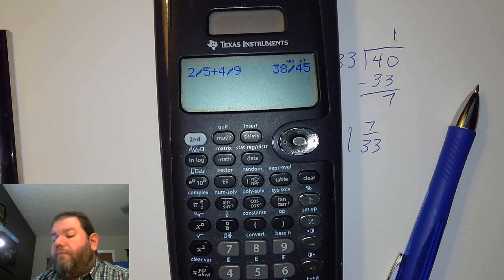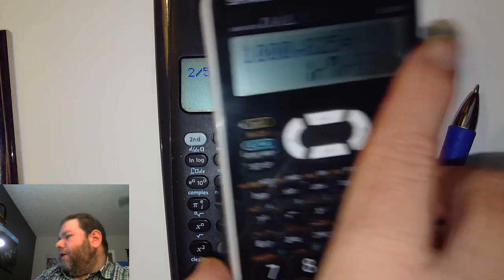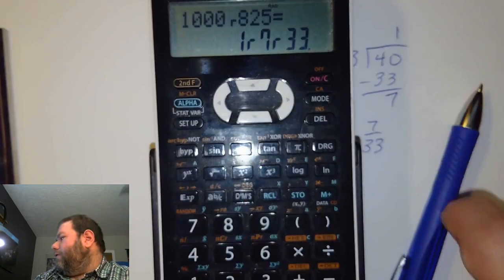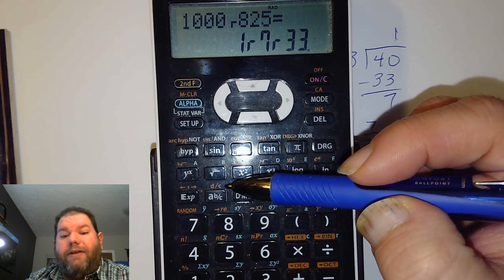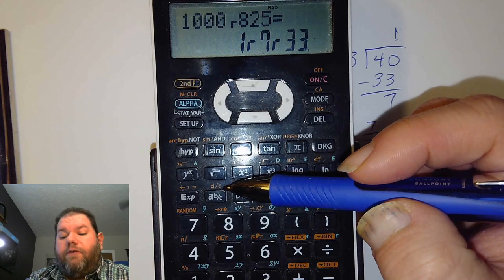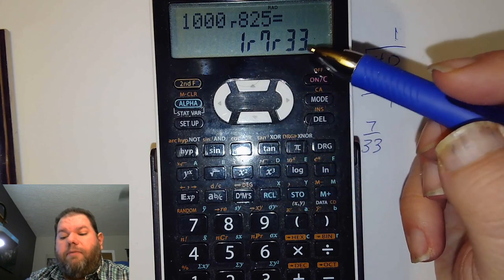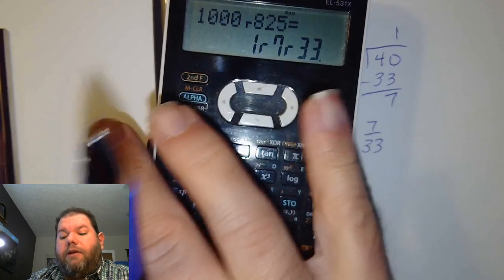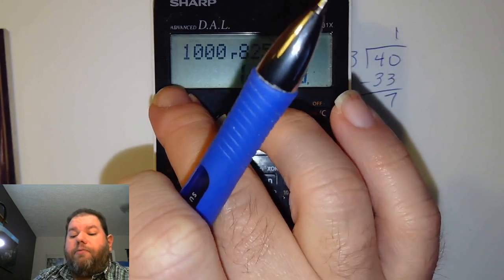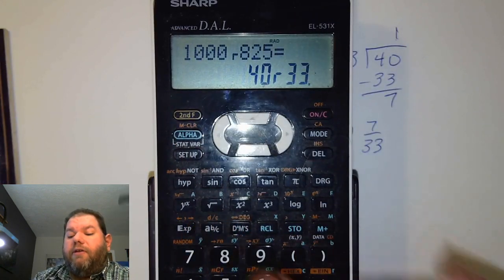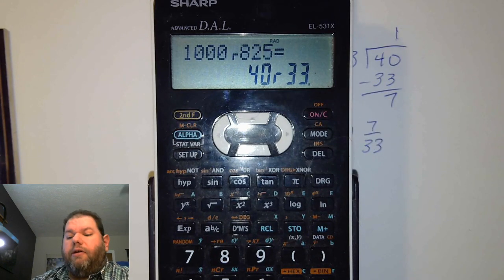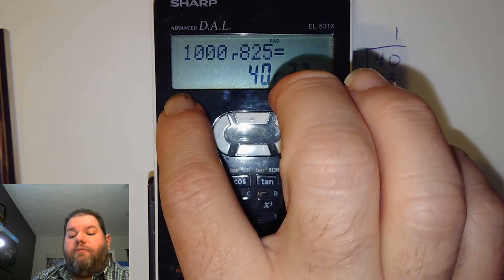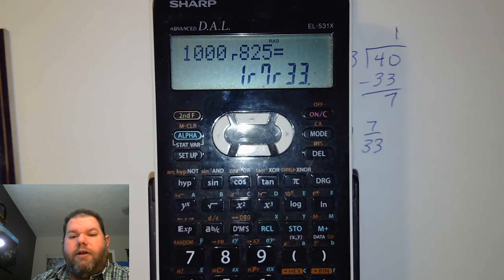That's good. And if it's like mine over here, if you look right above the A B over C button, there's a D over C. That's for when you have a mixed number and you want to make it improper. So you press second, and then D over C, and it makes it 40 over 33. If you want to switch back, then you do second and then D over C again, and it moves it back to a mixed number.